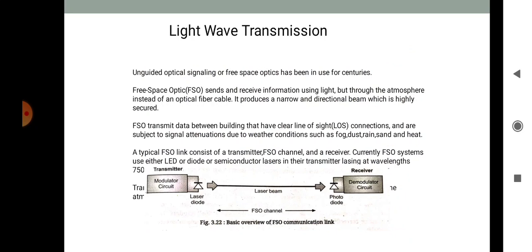Then next is light wave transmission. Unguided optical signaling or free space optics has been in use for centuries, but a more modern application is to connect the local area networks in two buildings via lasers mounted on their rooftops.